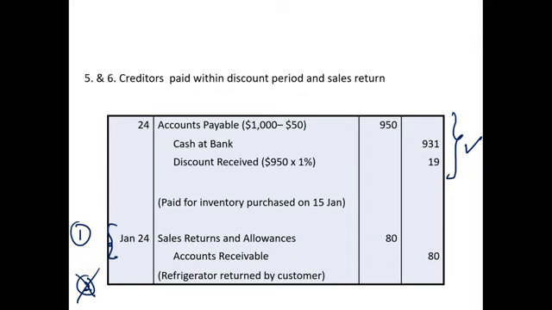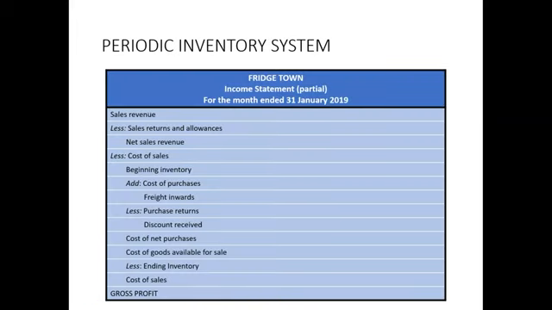In perpetual inventory system, we have debit inventory and credit your cost of sale. This is perpetual. We don't have the inventory in periodic, so it's much easier. But don't worry so much. You're going to do this with Miss Yusra and Miss Avnit.